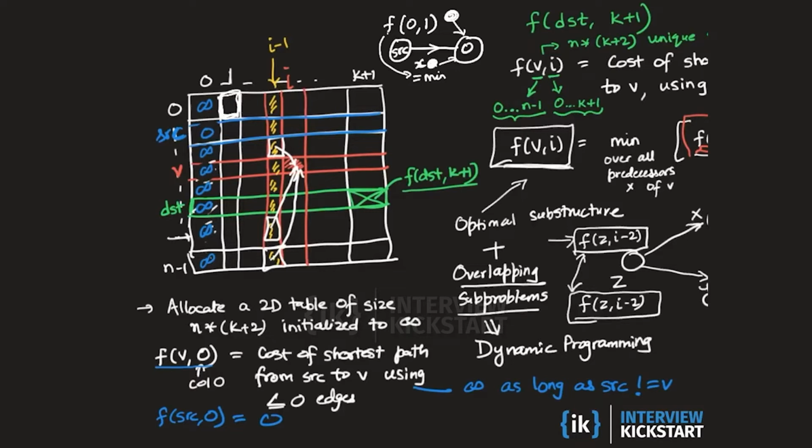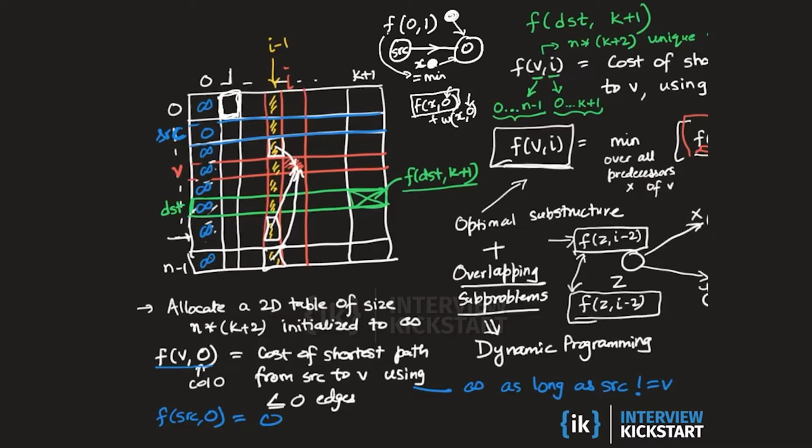We look at the value of f of x comma 0, and then to that we add the weight of the edge from x to vertex 0. Right here the 0 represents the number of hops, here this 0 represents the ID of vertex 0. So notice that this value will in general be infinity, since the leftmost column is populated with infinity values.